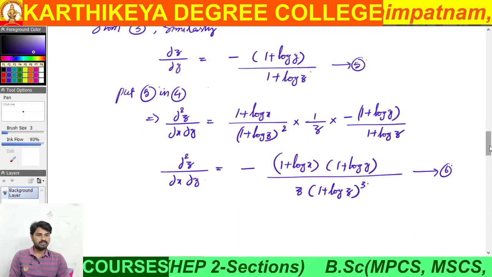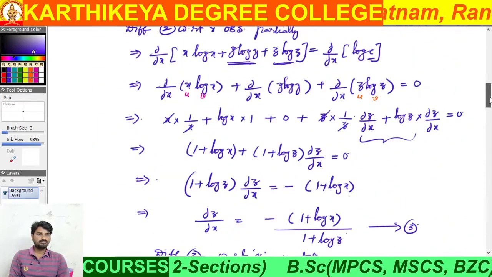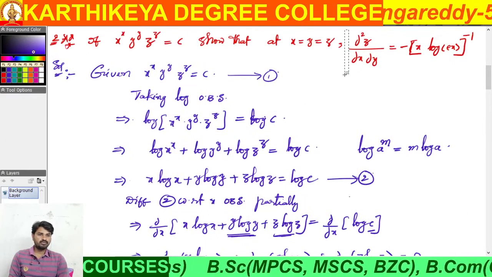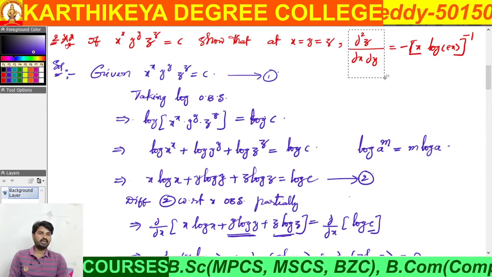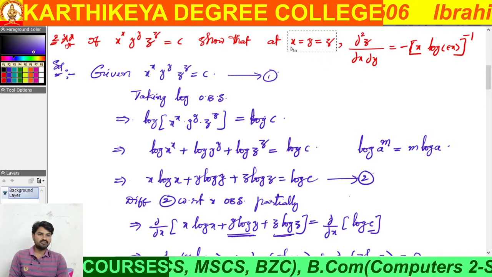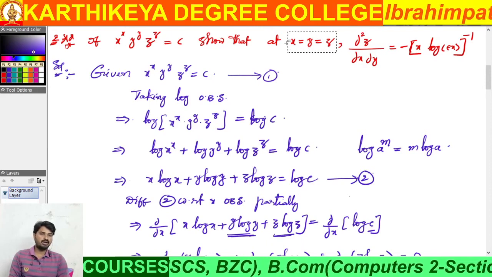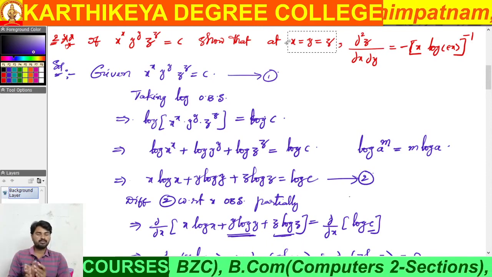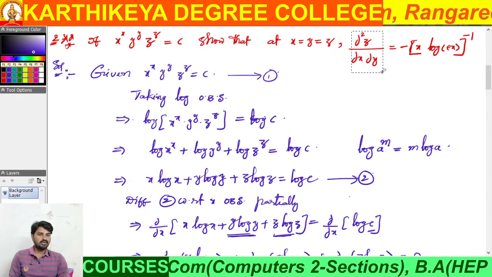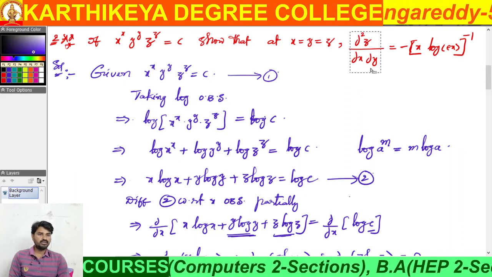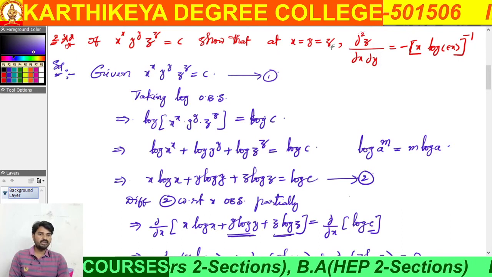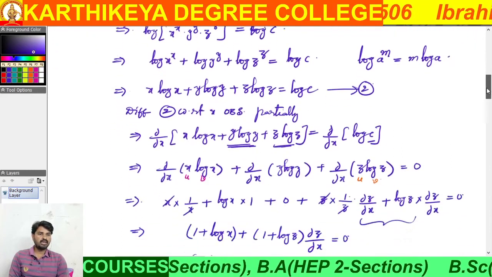But coming to the problem, we are going to find dou square z by dou x dou y at x is equal to y is equal to z. That means if x, y, z all are equal, at that point we have to find this one. In the answer we have got, we can put x, y, z as all equal.